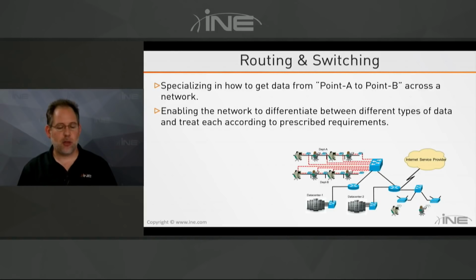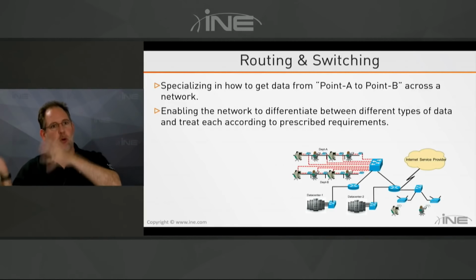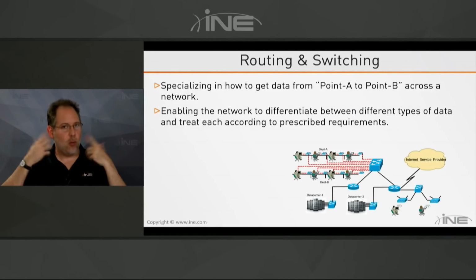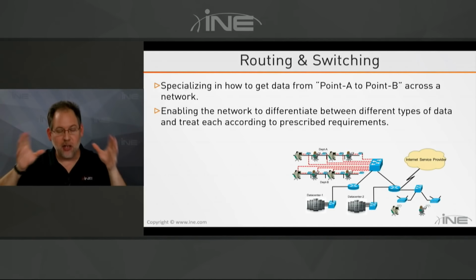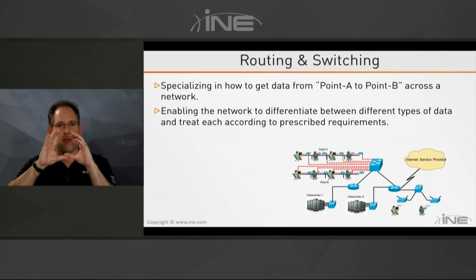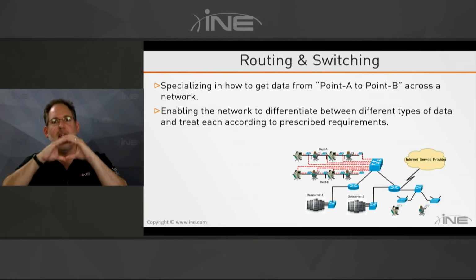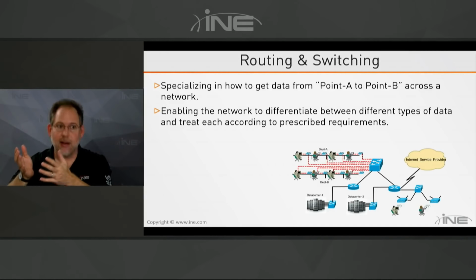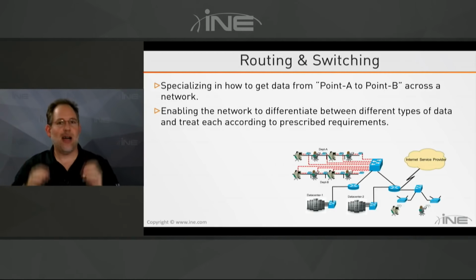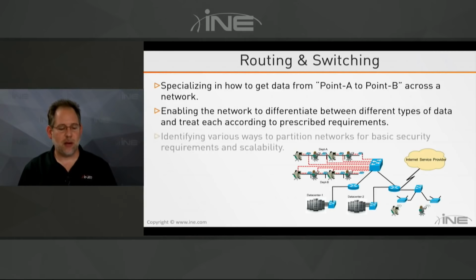How to enable the network to differentiate between different types of data and treat each according to prescribed requirements. In other words, if this network is carrying both voice and data, a routing and switching engineer should be able to program the network to be able to recognize that. To recognize that, oh, this information right here is voice, and this needs to be treated much differently with a lot higher priority than my data. You need to know how to configure and program the network to do that.